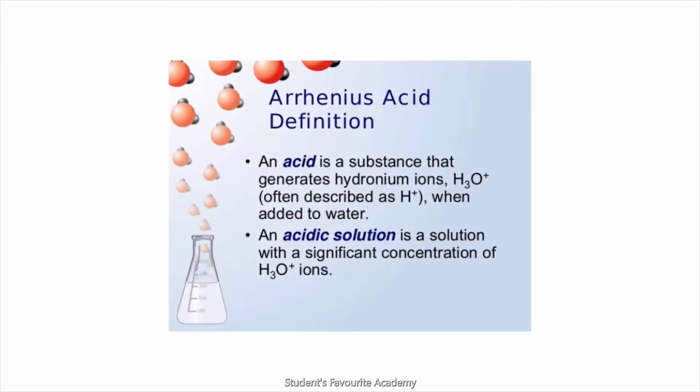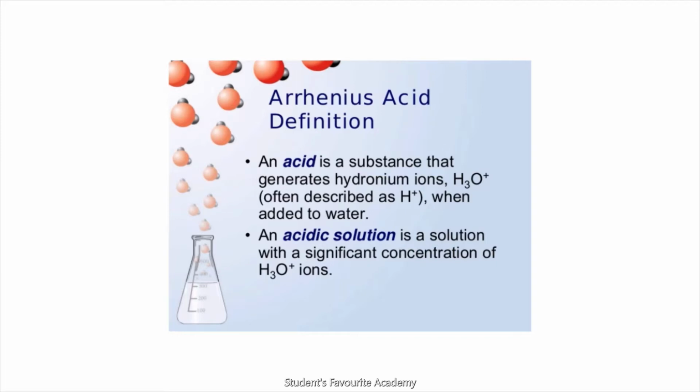Now, acids. The definition of an acid. An acid is a substance that generates hydrogen ions, that means it produces hydrogen ions, which in turn produce hydronium ions when added to water. Let me explain to you once again.